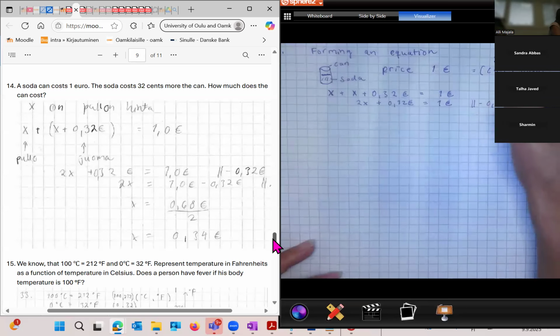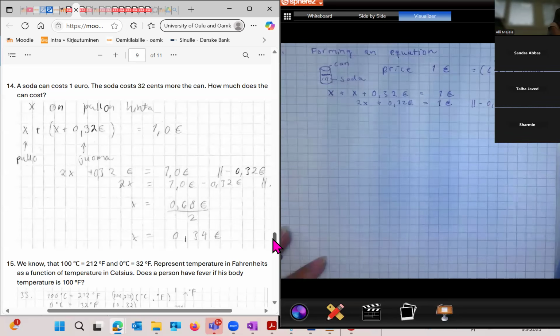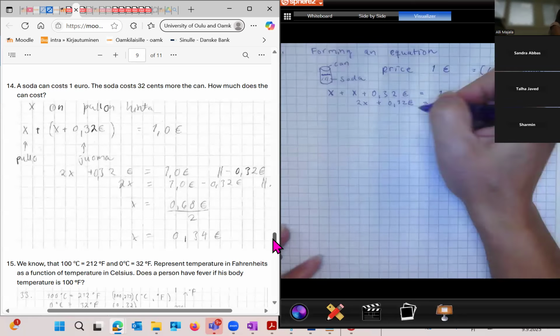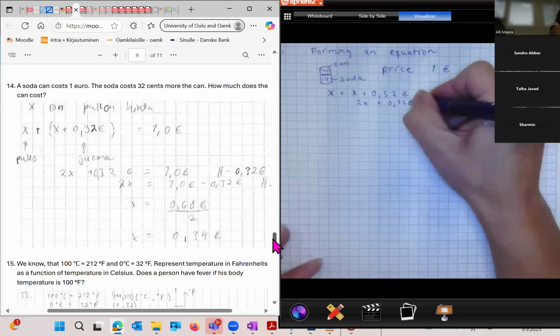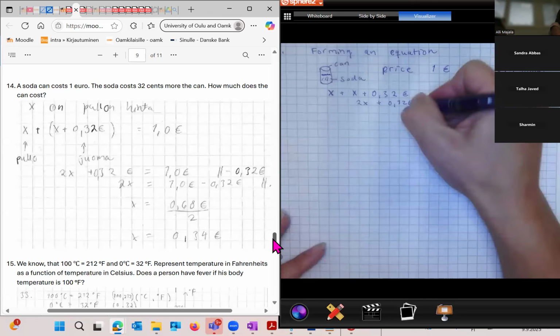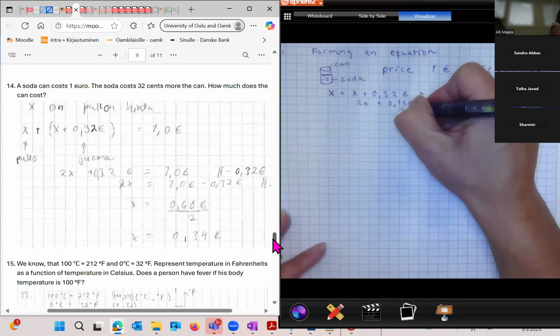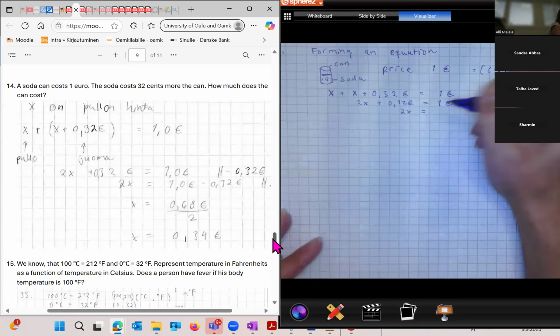Well, this is exactly how it was done there, just to form an equation like this and then solve it. It doesn't have to be the euro, you can also mark it just with the numbers. 1 minus 0.32.